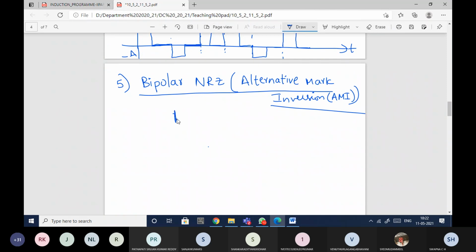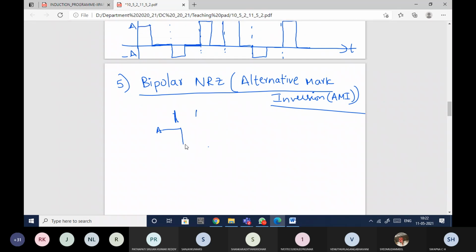Symbol 1. So if I have a symbol 1, if I'm starting with the positive amplitude, so let me consider the first one is represented with plus A. So again, if I get a 1, it will be represented with minus A. Okay, so alternately it will get complemented, in the sense the initial one is represented with plus A, the next one will be represented with minus A.